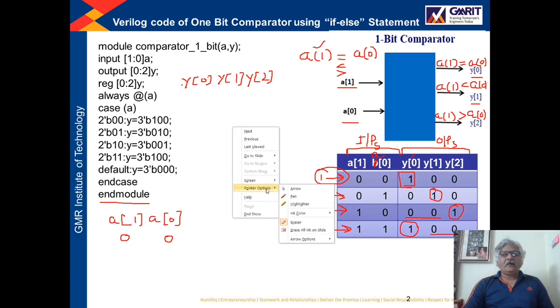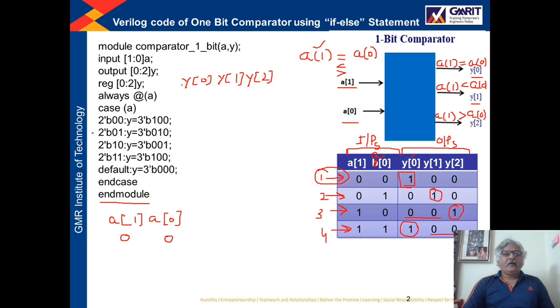Now we will see the next condition. If A is 0 1, 0 1 means A1 is 0 and A0 is 1, then see the second row of the truth table. For this condition, y1 is high.